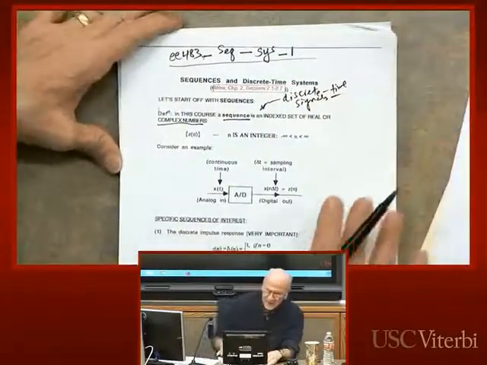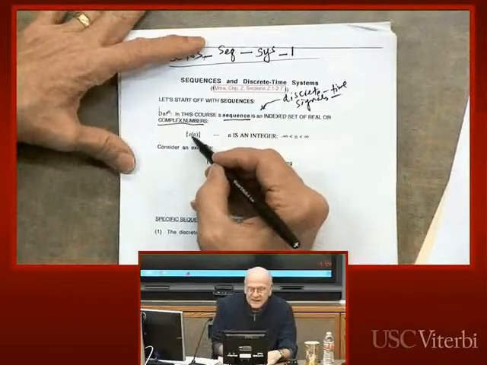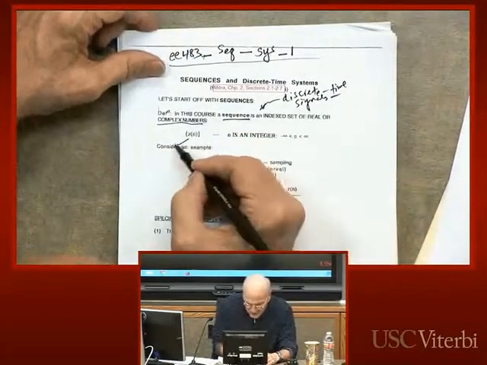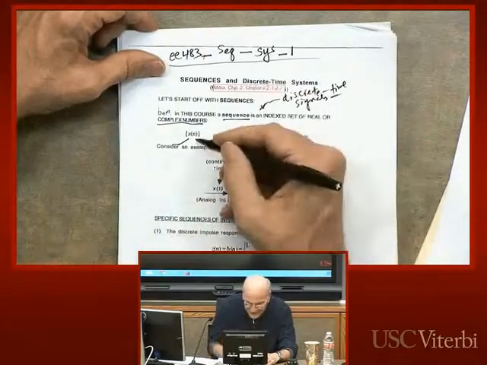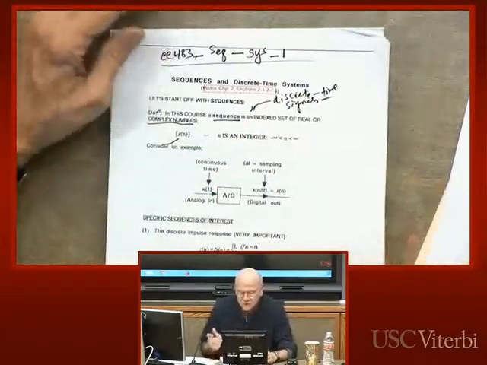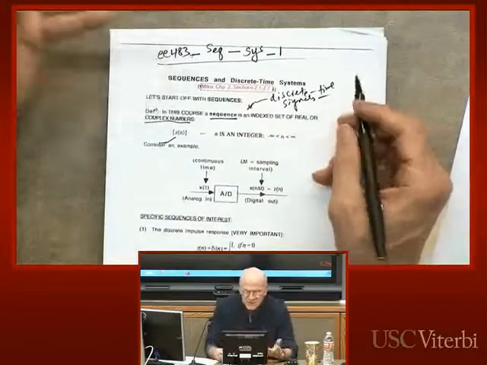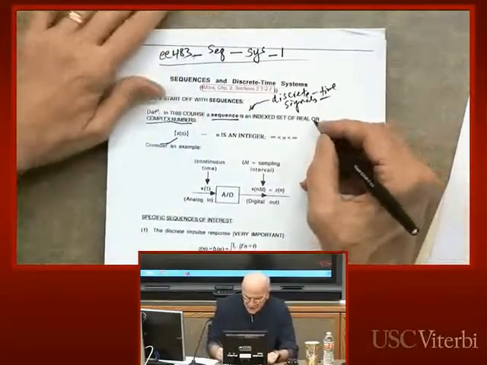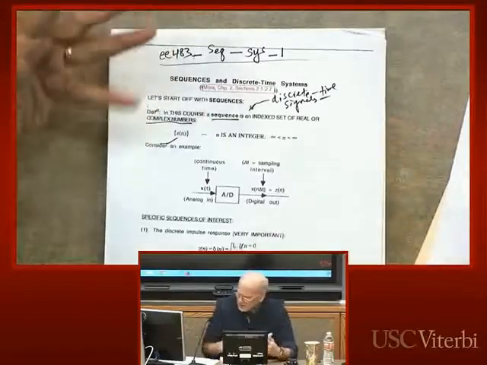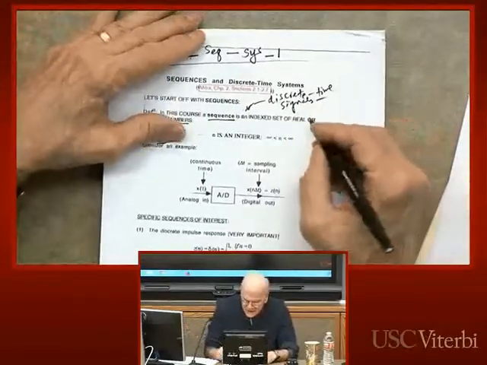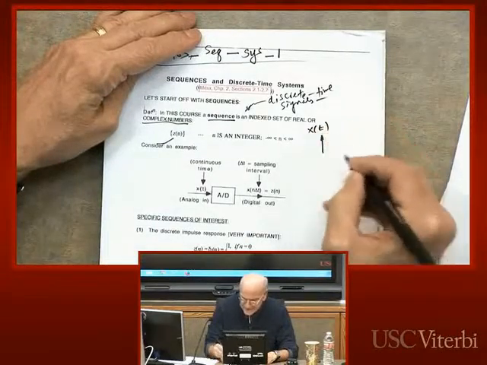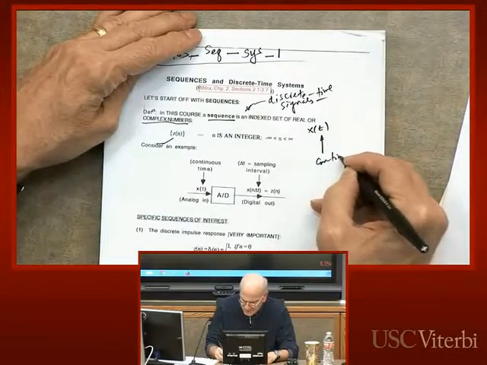By index, I mean it looks like this, x sub n, where x is real or complex, that's the signal, and n is the time index. If you're used to continuous time systems, you might have seen in the linear systems course something written like this, x sub t, for continuous time.